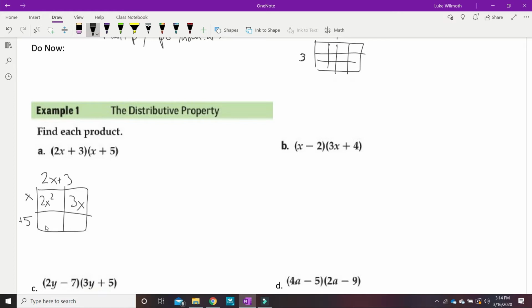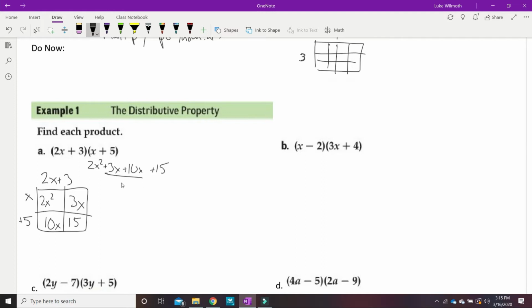Now I'm going to multiply 2x times 5 to get the 10x in this box. And then 5 times 3 is 15. So this product is 2x squared plus 3x plus 10x plus 15.